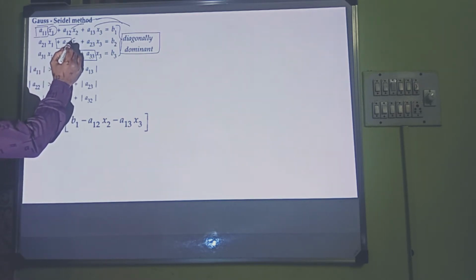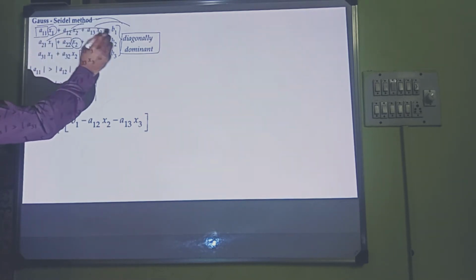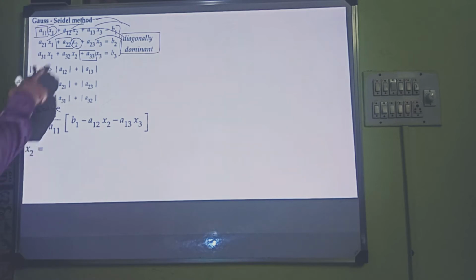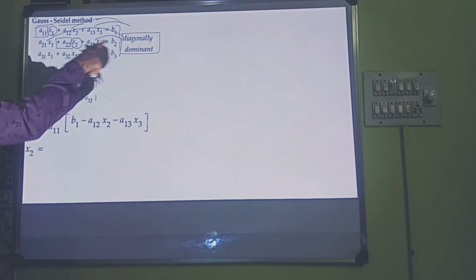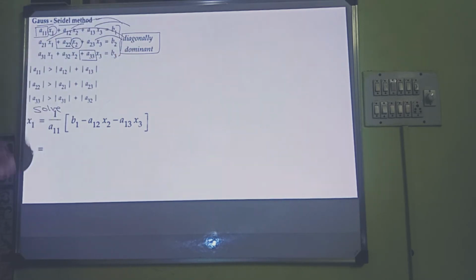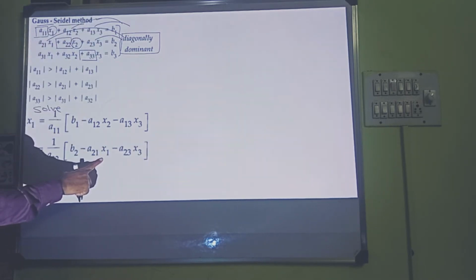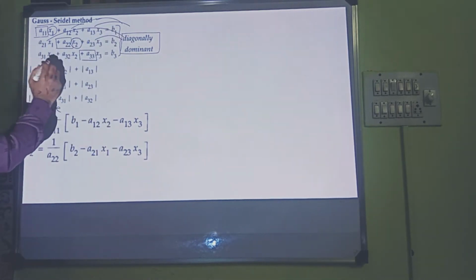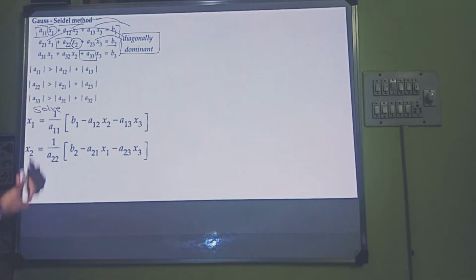Similarly, we separate x2 from the second equation. How? Take this element to the RHS and this element to the RHS. Let us see what happens. x2 from the second equation is equal to b2 minus a21 x1 minus a23 x3. When you divide both sides by this element, it goes in the denominator, that is 1 divided by a22.